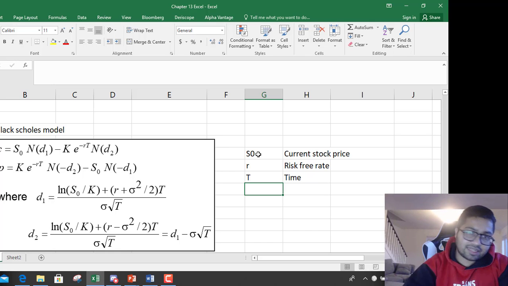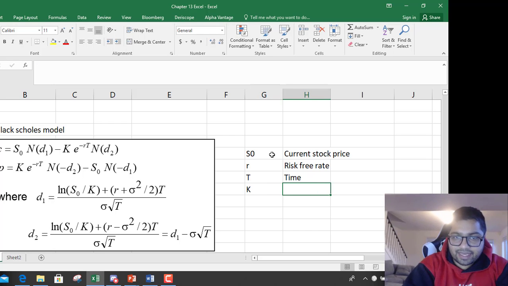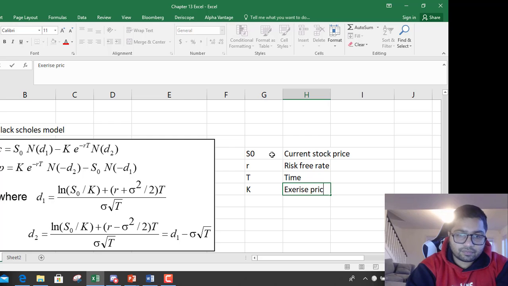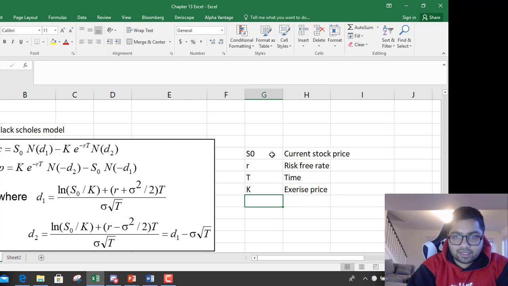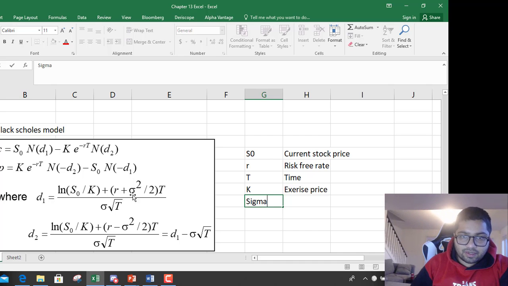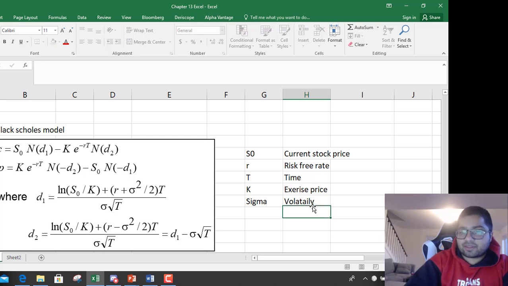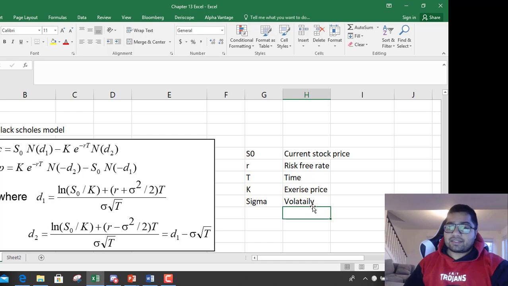Then we require K, which is exercise price. Then what else is there? Sigma. That is volatility. So using these variables, we are going to calculate option prices.